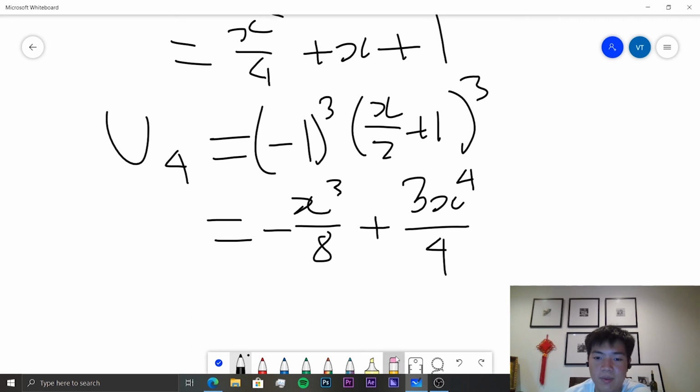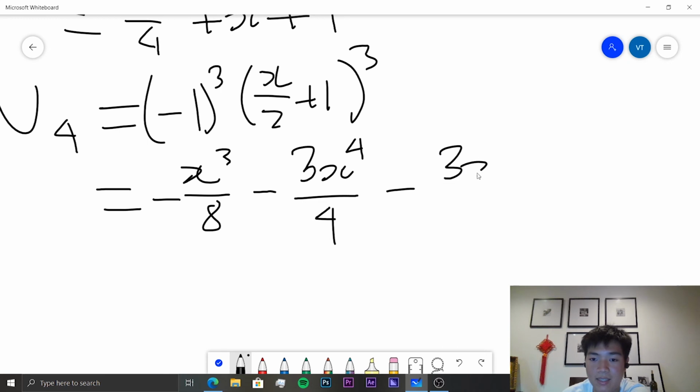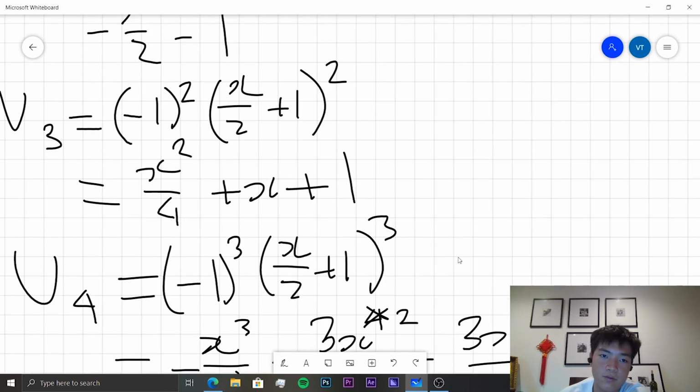Oh, sorry, this would be minus, of course, because we have the minus 1 stuck there. And then we would have minus 3x over 2. Sorry, I don't know why I wrote 4. This should be 2. Minus 1, finally. So those are the first 4 terms.